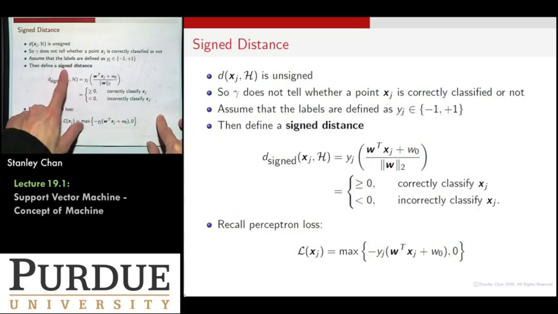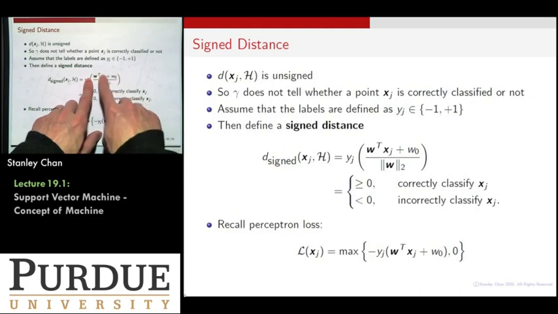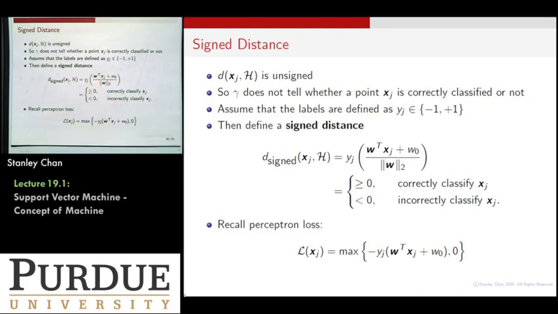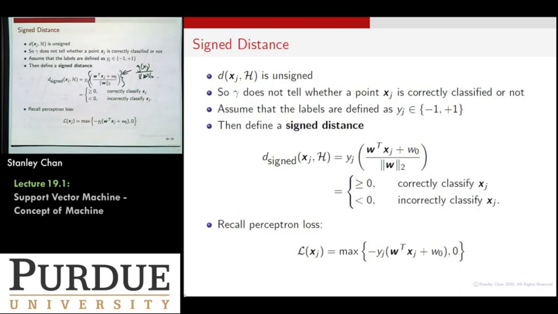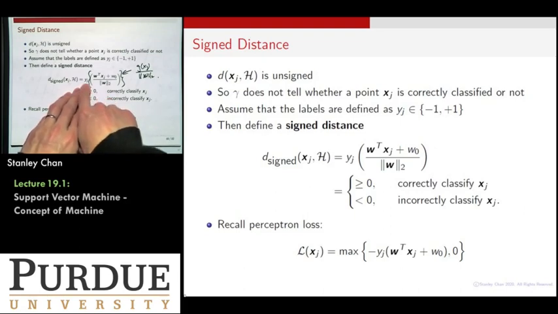And then I'm going to define my signed distance as y times the thing that I had before. Okay, so this quantity here is just g of xj divided by the 2 norm of w. Okay, so this is the unsigned distance. And then here you will have the yj coming out.